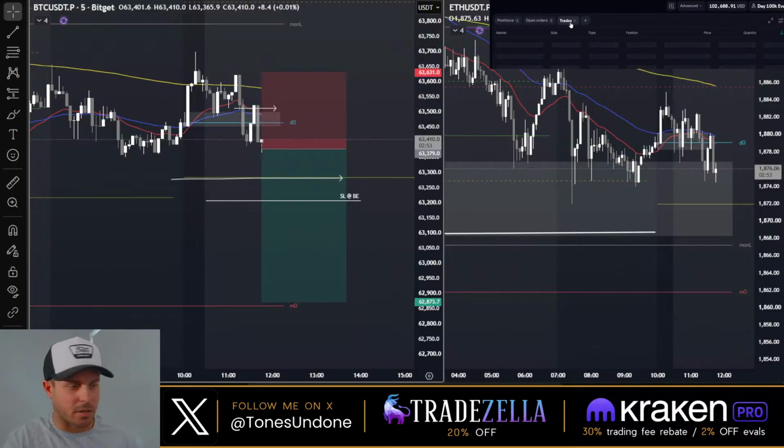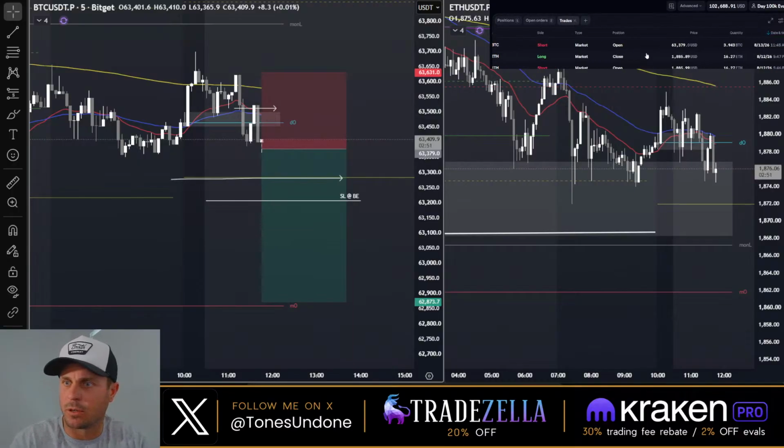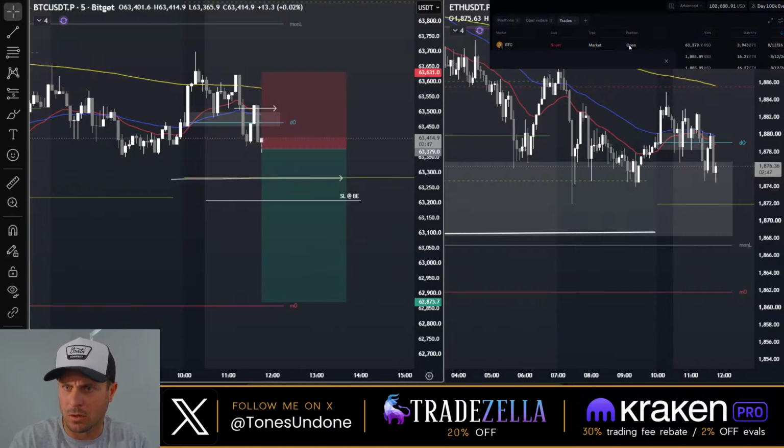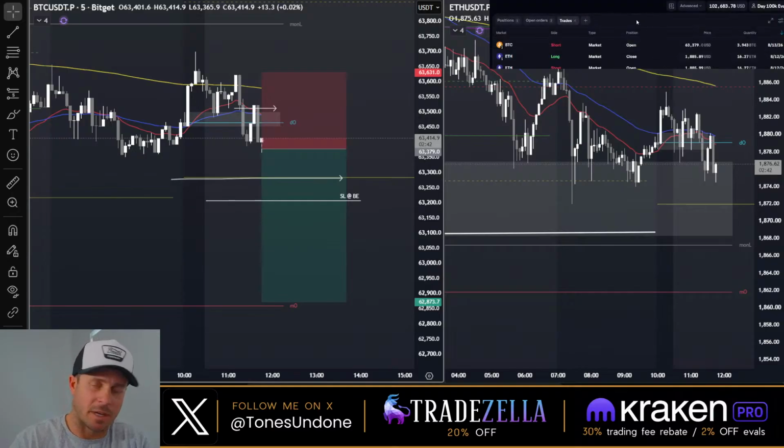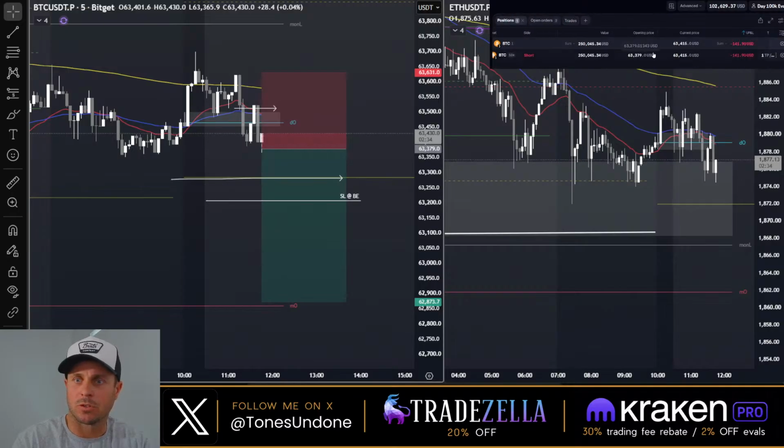What's my trade fees on this? Would be quite a lot. $100. Yeah, $100 fee. Actually, by the time I entered, I was a full 1% risk on, so $1,200 on the line on this trade.